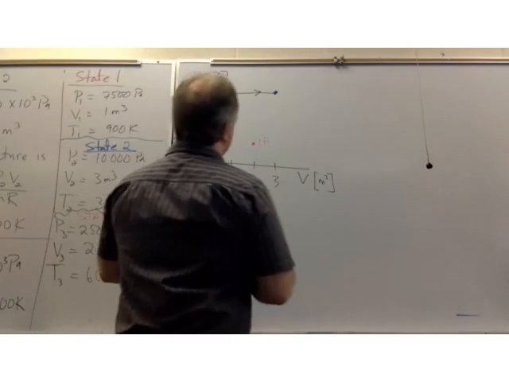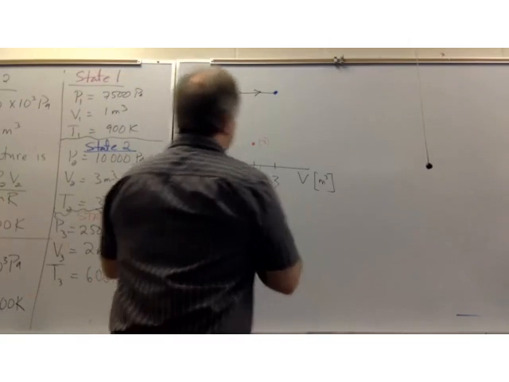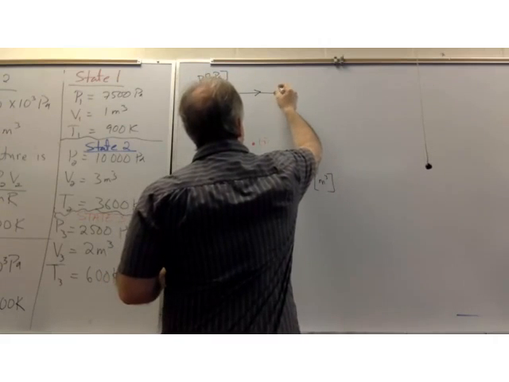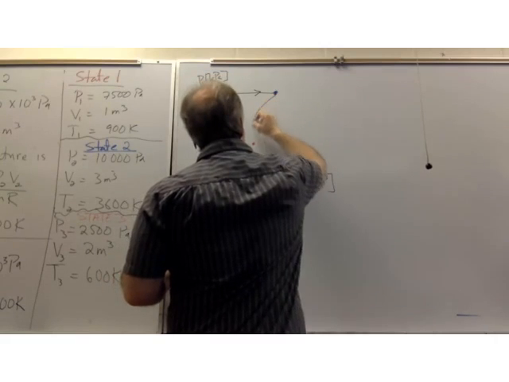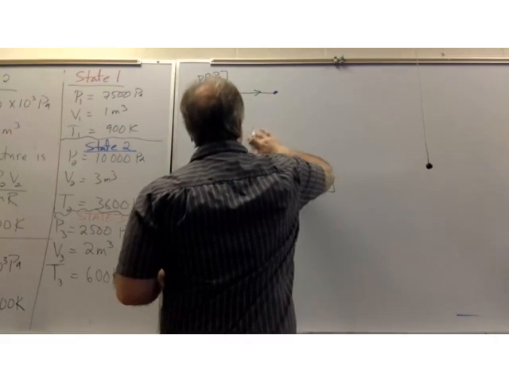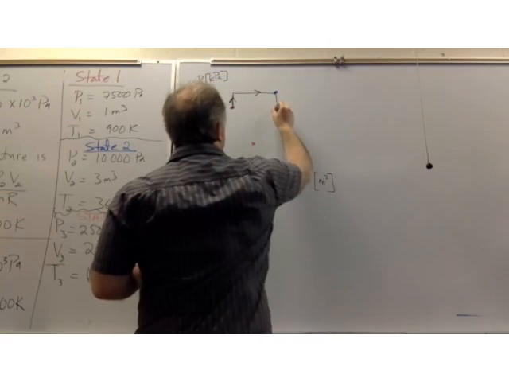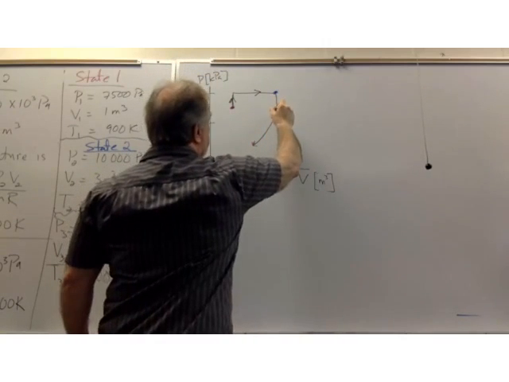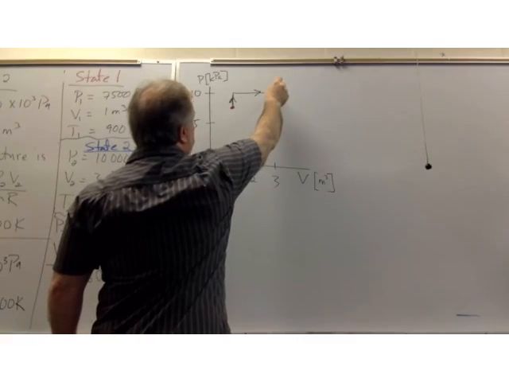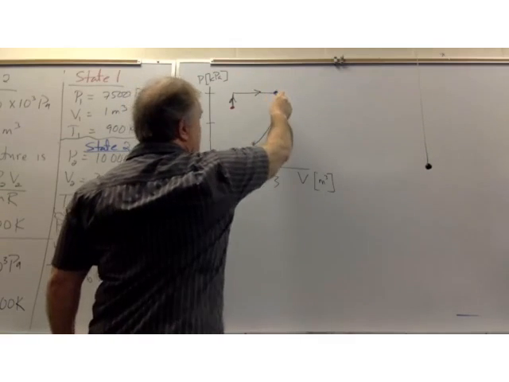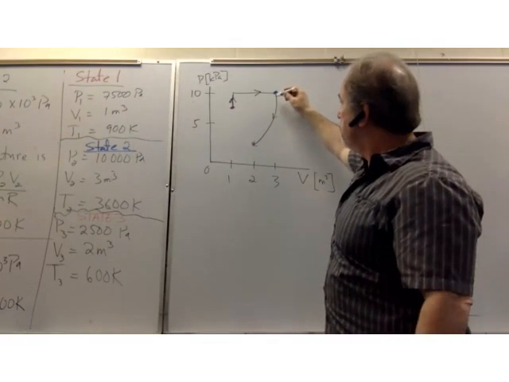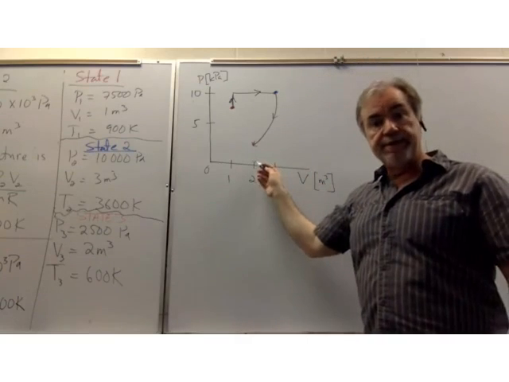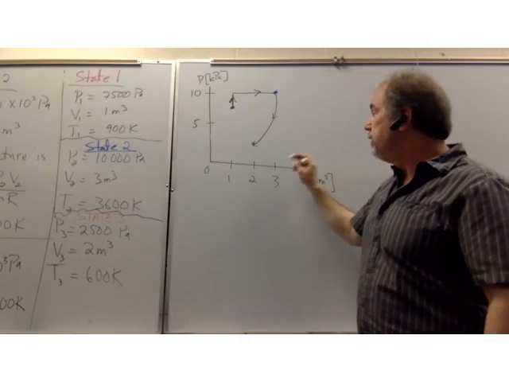Let me do another one. On the other hand, from state 2 to state 3, I could do that, but let's say I do this. I could take this path, and what this path would be telling me is my pressure would start out at 10 kilopascals, and my pressure is going to drop rapidly, and as my pressure drops, my volume is going to decrease also, more slowly than my pressure drops, but whatever.